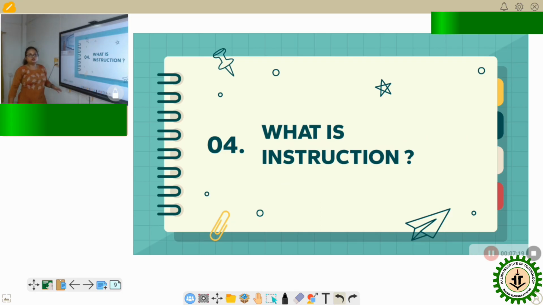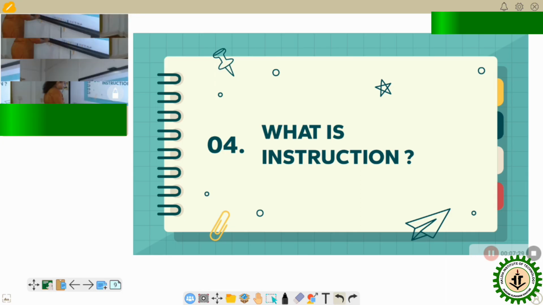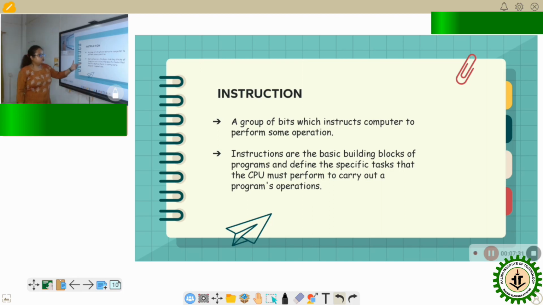So that was all about von Neumann architecture, and now I am going to tell about what is an instruction. Instruction means the commands we are giving to the CPU to perform some operation, that is only instruction. So here it is written, a group of bits which instructs the computer to perform some operation.